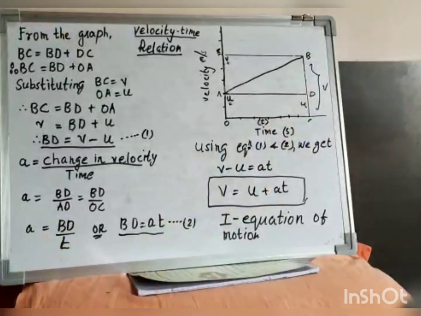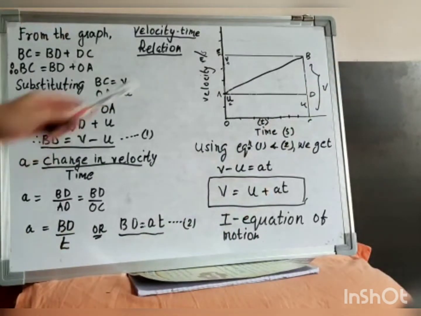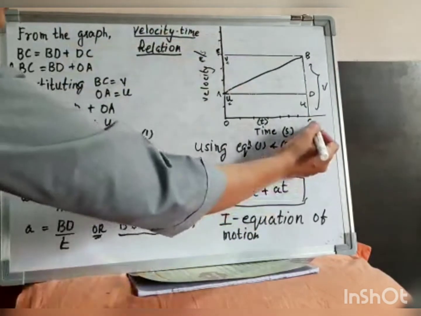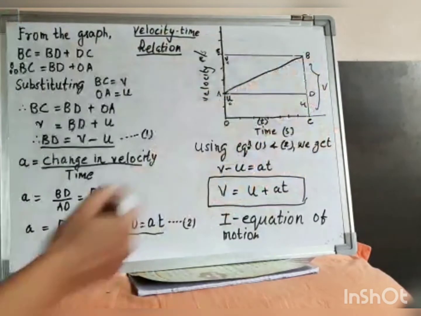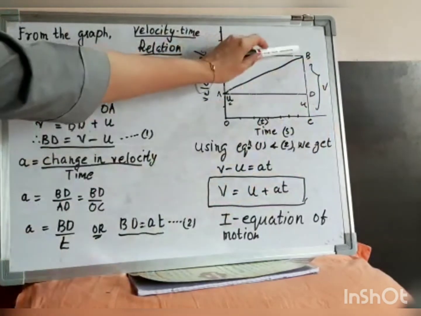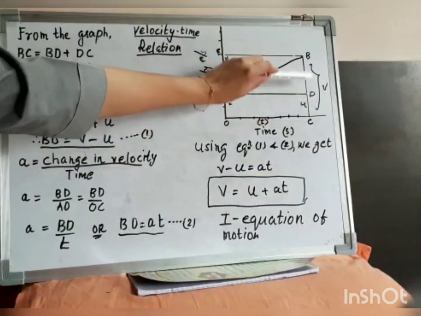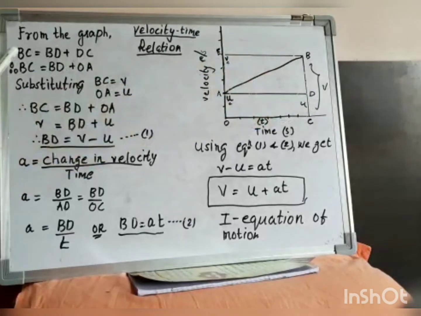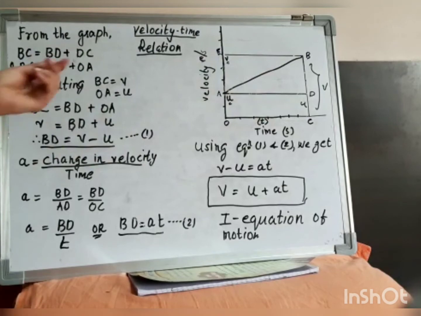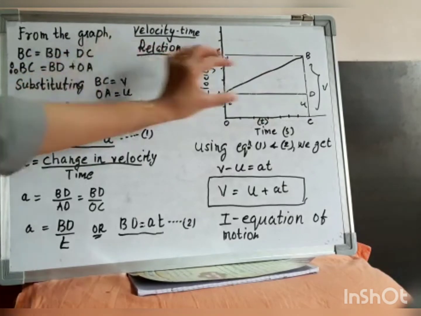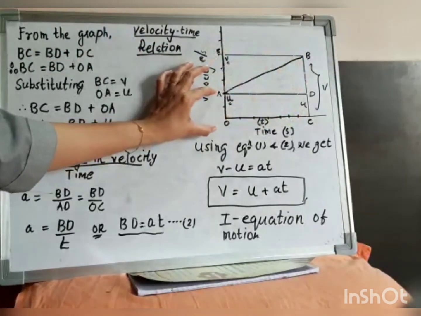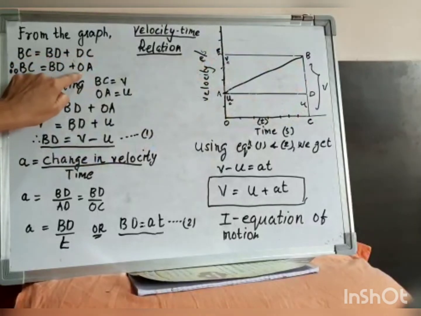Now from the graph, you can see BC is equal to BD plus DC. So we will write BC is equal to BD plus DC. Now as we see, DC is equal to OA, so in place of DC we will write OA.